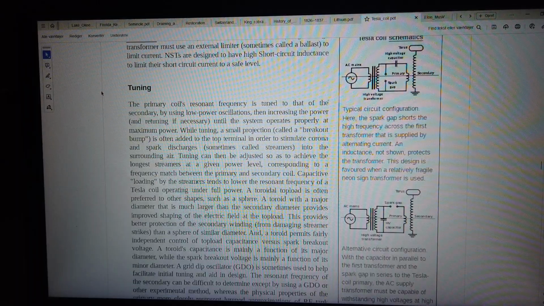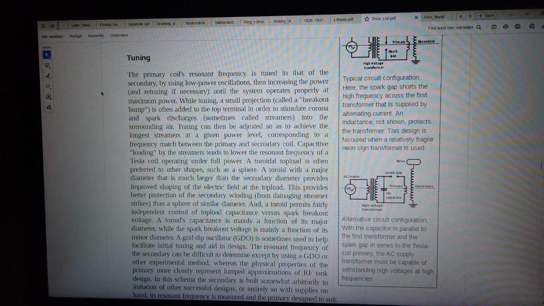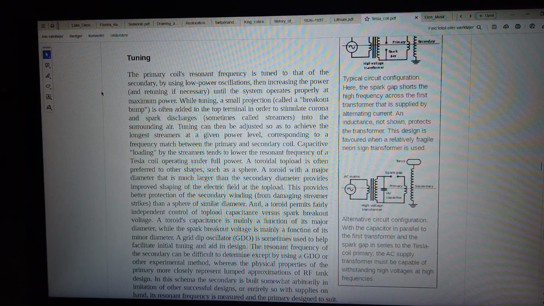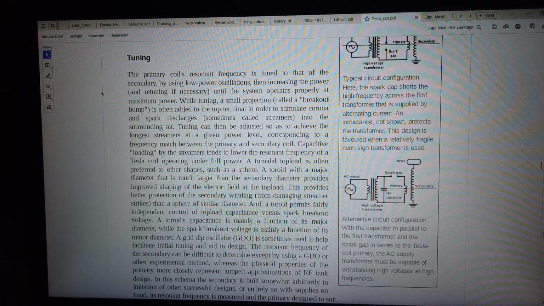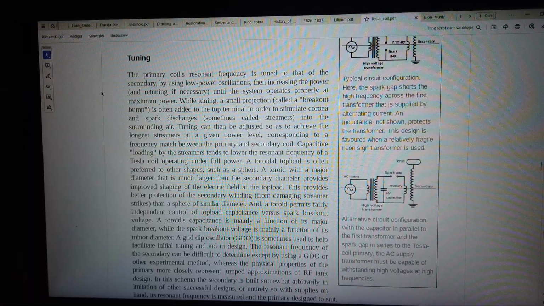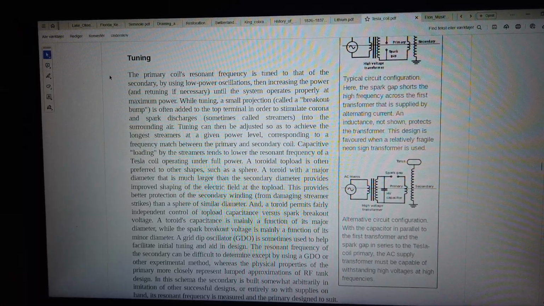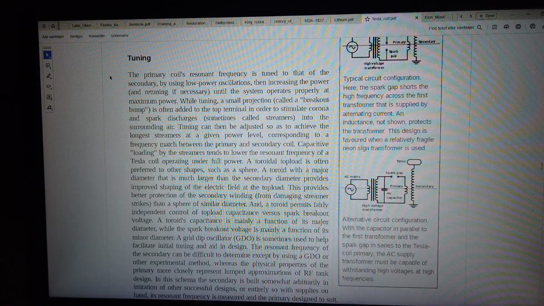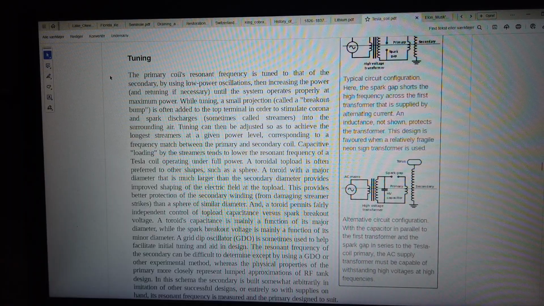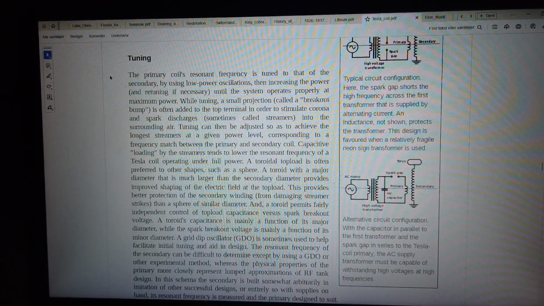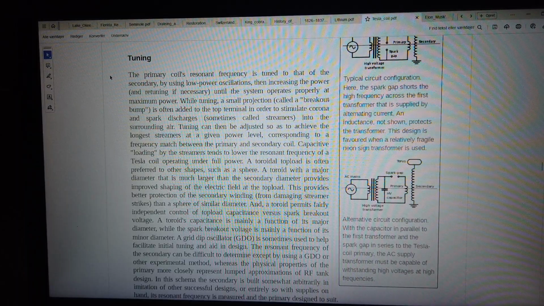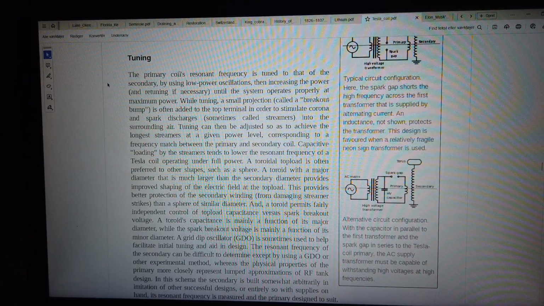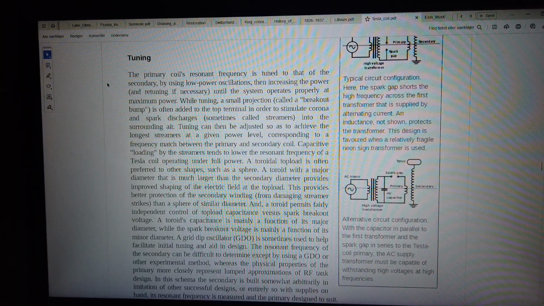Tuning. The primary coil's resonant frequency is tuned to that of the secondary, by using low-power oscillations, then increasing the power, and retuning if necessary, until the system operates properly at maximum power. While tuning, a small projection, called a breakout bump, is often added to the top terminal in order to stimulate corona discharges, sometimes called streamers, into the surrounding air.